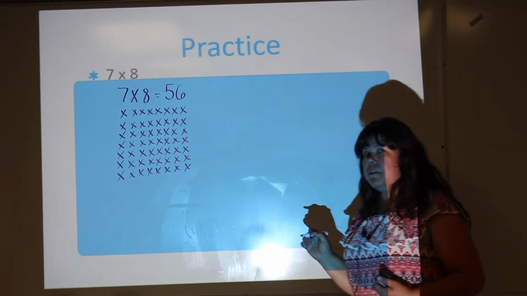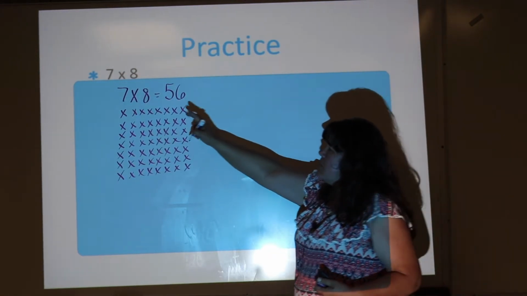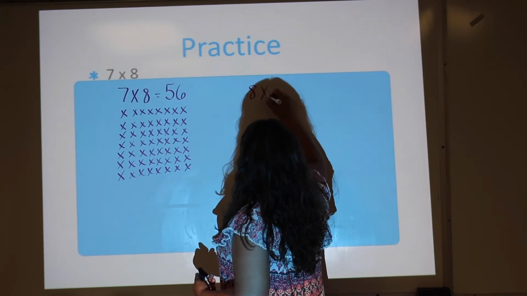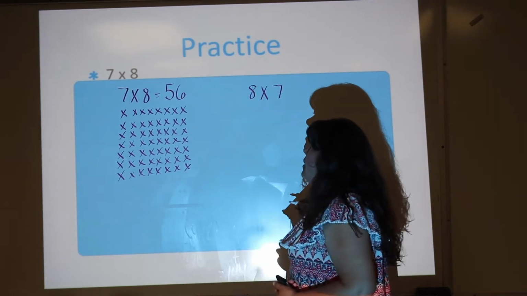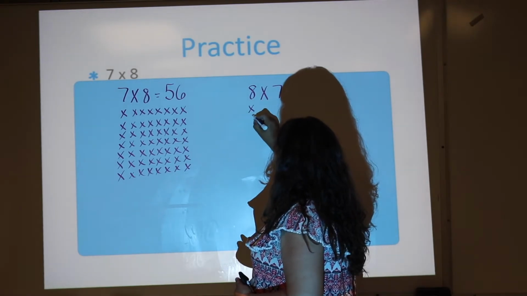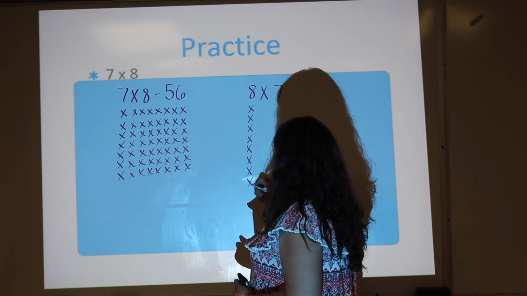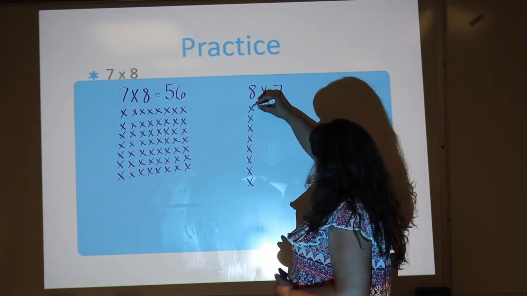Now, if I'm going to show commutative property, then I would switch my 2 factors and I would have 8 times 7. And now that means that I'm going to have 8 rows. There'd be 7 in each row.